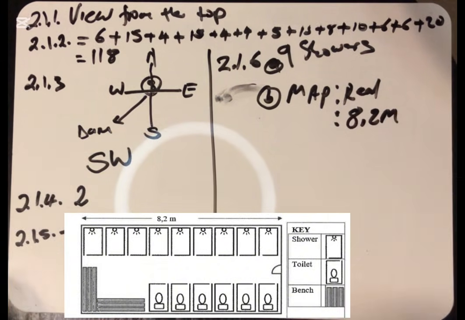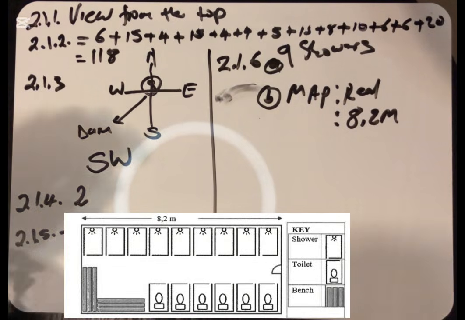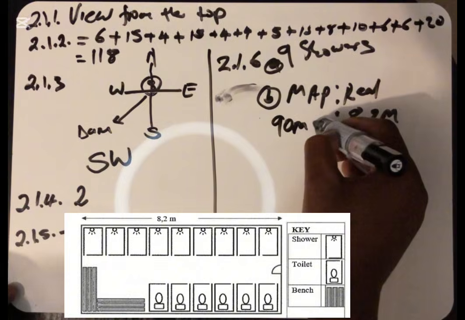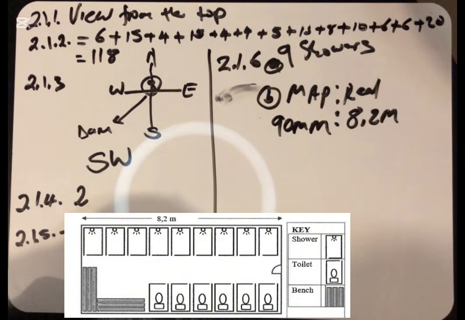So what we need to do now is take our ruler and measure the distance from corner to corner of the ablution. If you measure the length of this, you are going to find that it's 90 millimeters. And then now they want us to find the scale.